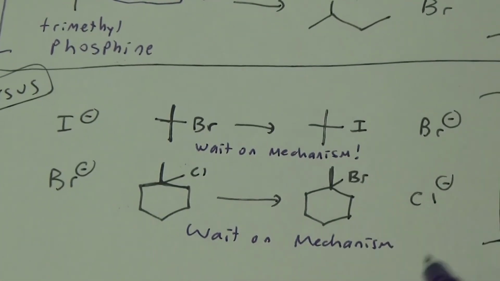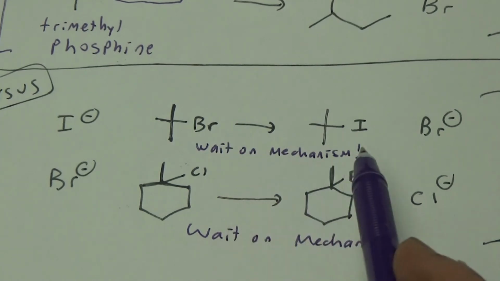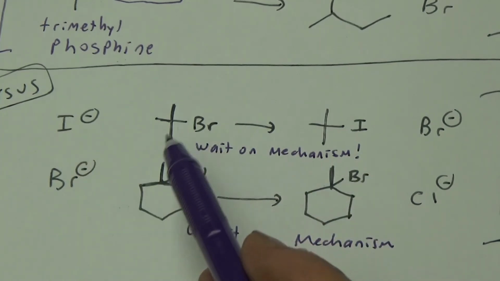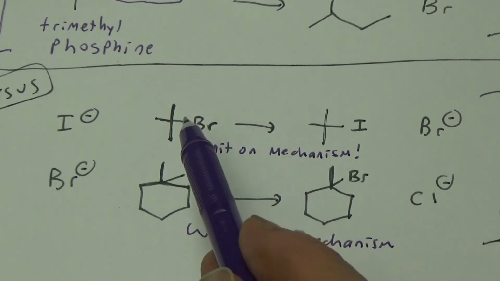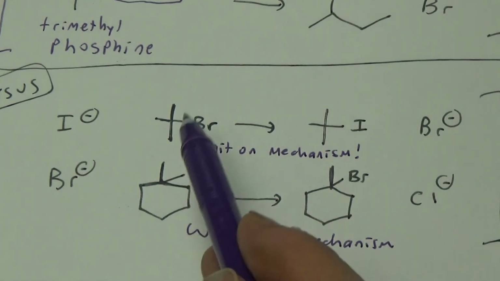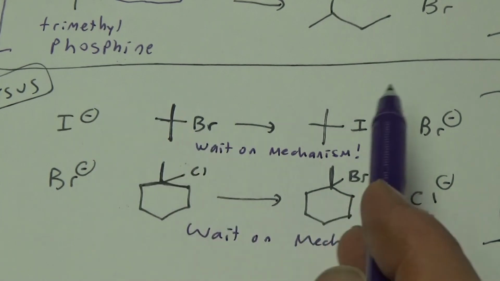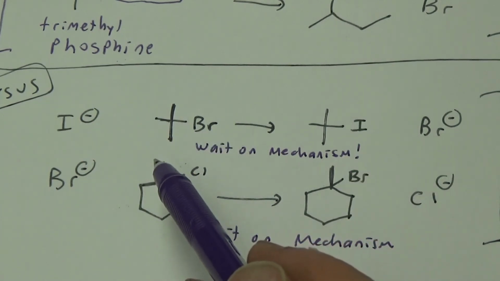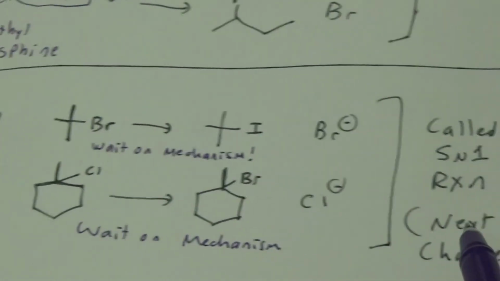A little bit of preview, this will be next chapter, but the mechanism of these is not just nucleophile attacks. What actually happens is the leaving group first departs, and then you get a carbocation. You'll have a carbon with a positive charge, and then the nucleophile attacks. It's almost like a 2 or 3 step process.